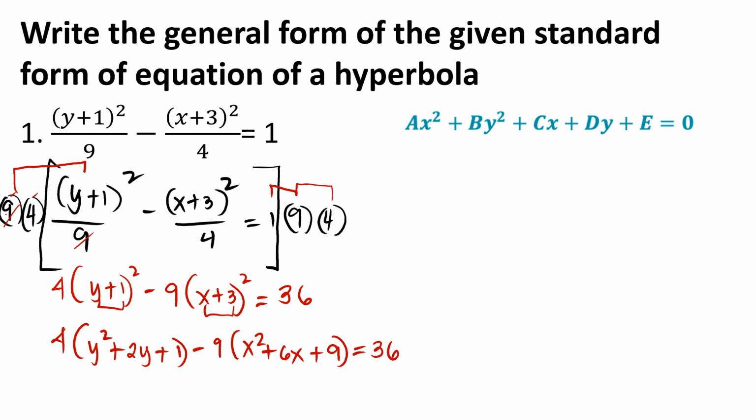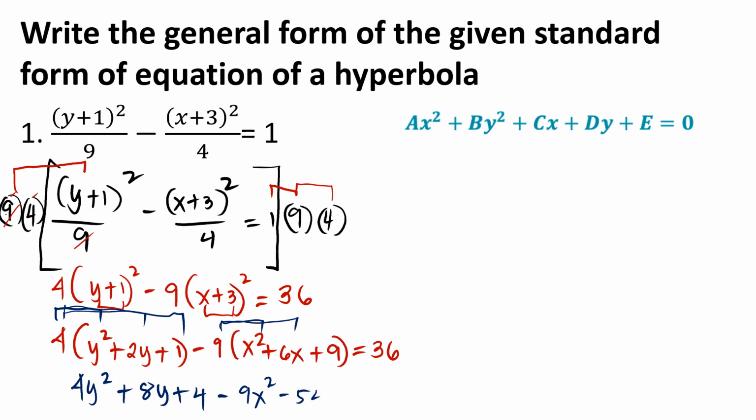So we are then expanding. We are now ready to distribute. So that will be 4y squared plus 8y and then plus 4 minus, this will be 9x squared, and then that will be negative 54x, and that will be negative 81.